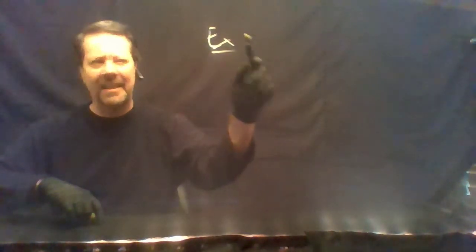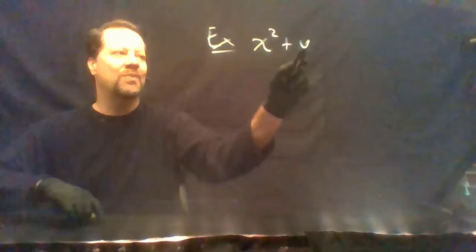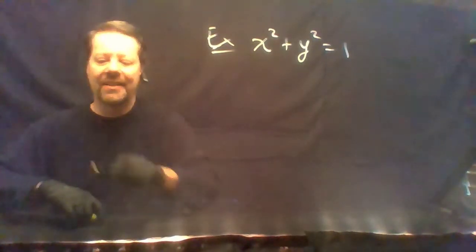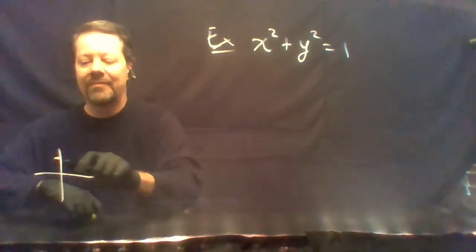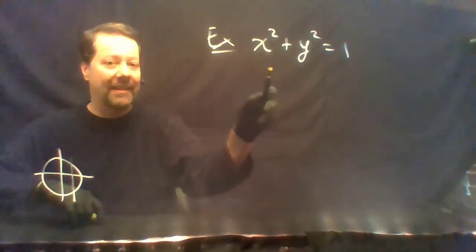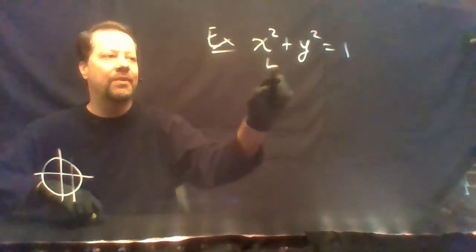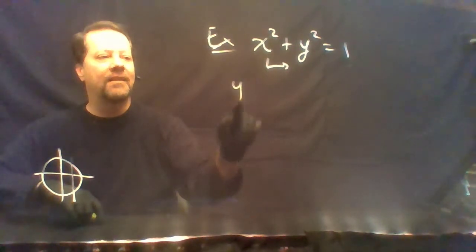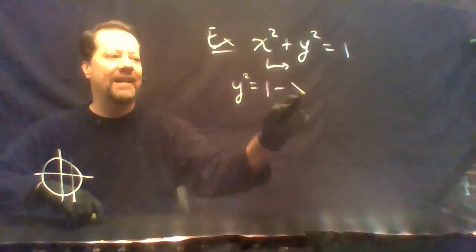Let me begin by looking at x squared plus y squared equals 1. This is a circle of radius 1. Well, that's not a function at all. So this isn't really the example. What I want to do is solve for y. If I solve for y, I'll start off with y squared equals 1 minus x squared.